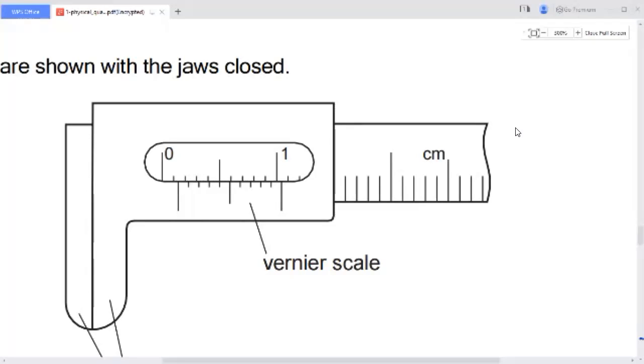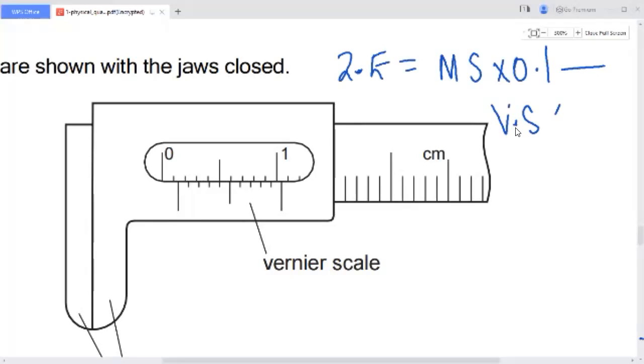For zero error we have a very simple trick. ZE means zero error. So what we do is multiply the main scale reading times 0.1 and then subtract from it the Vernier scale reading times 0.09, and whatever the answer is, that is our zero error.